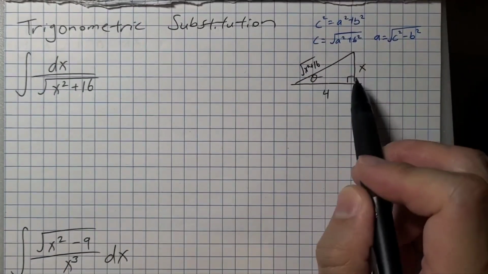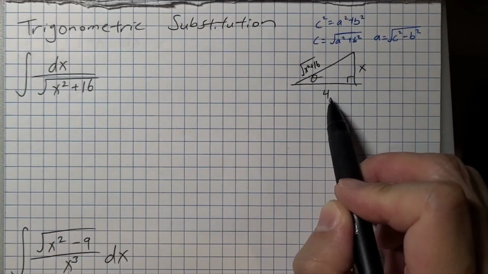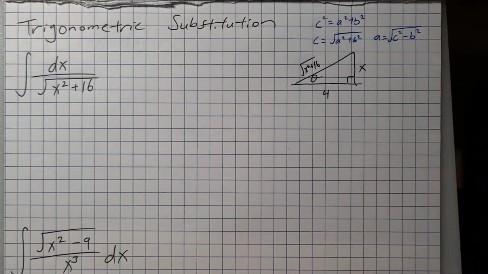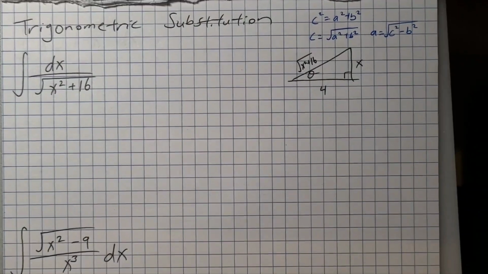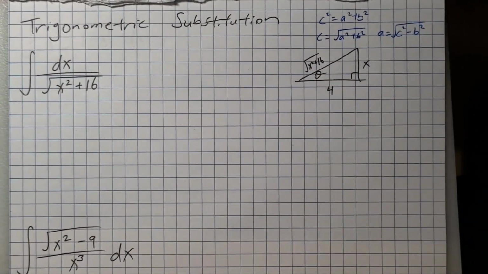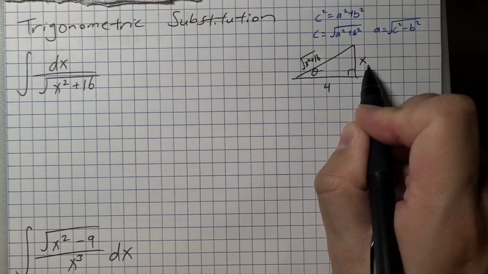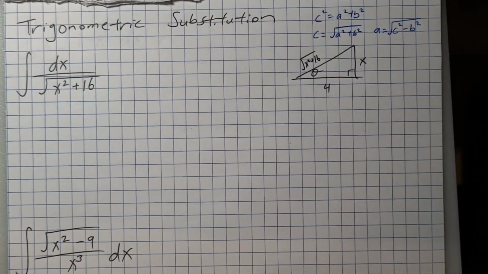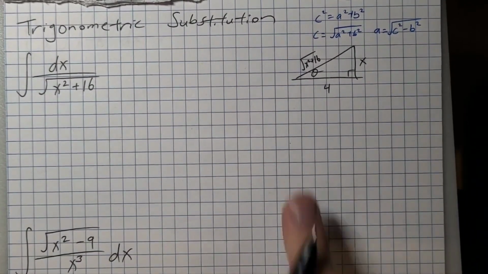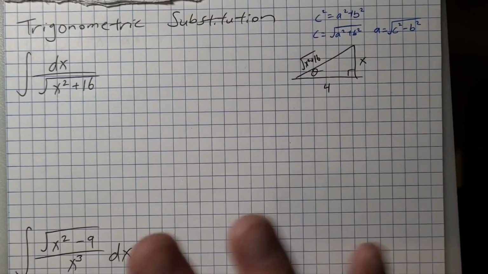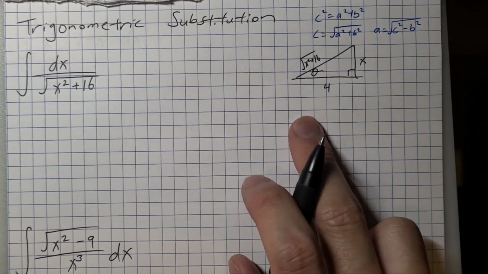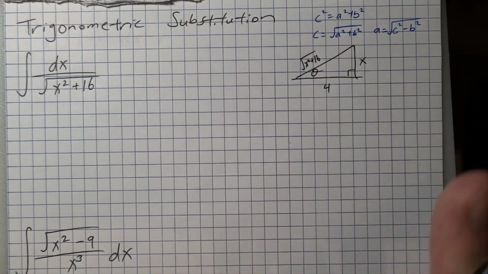So if you do the Pythagorean theorem, x squared plus 4 squared is this guy squared, so that works out, okay? So we sub a triangle like this. By the way, if you set this side as x and this side as 4, you'll be okay also. You'll just get a little bit different trig relations, but you'll still get the same answer, okay? I won't go into that in this video, but I just want to give you a heads up, okay? I prefer to sub this way. I'll show you in a bit.